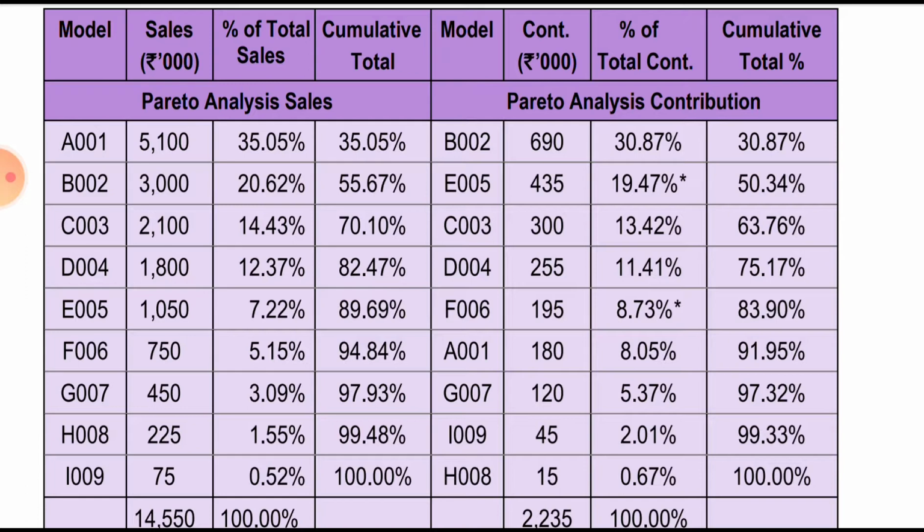We can also see that B2 and E5 are giving 50% of the entire contribution. 50% has been just with these two products.